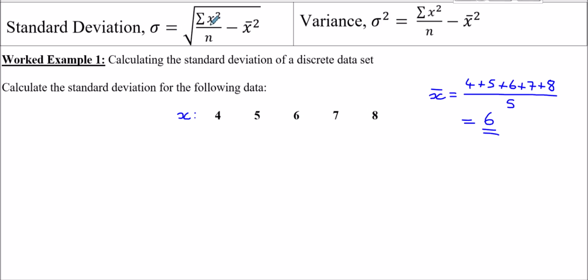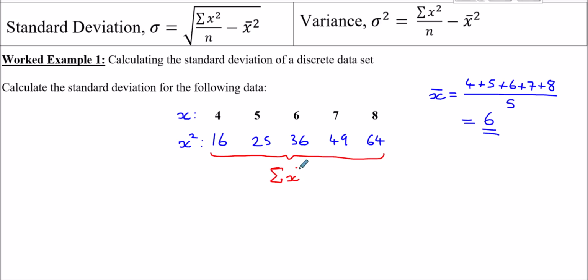We also need to do x squared for each one. So 4 squared, 16, 5 squared, 25. Just some square number revision, really. And 64. Now we've got all the x squareds, we can sum these.